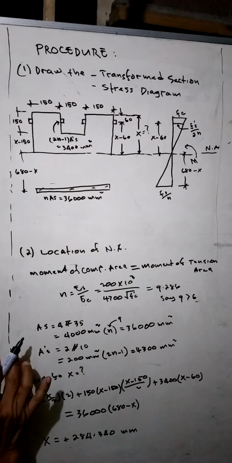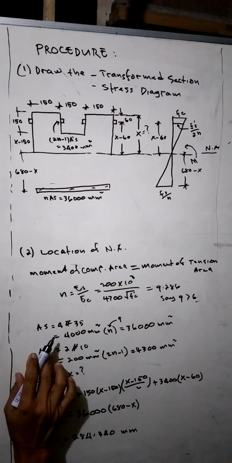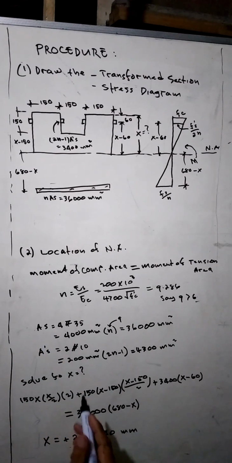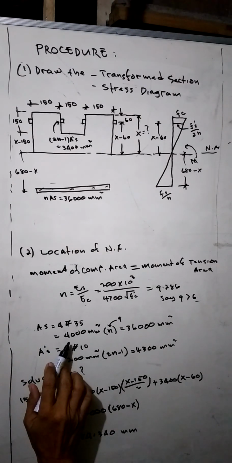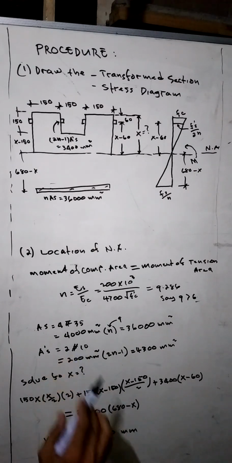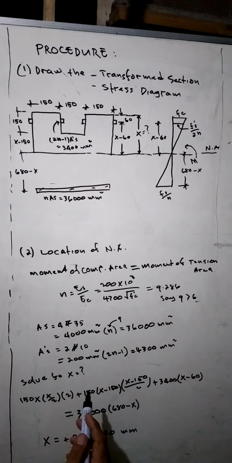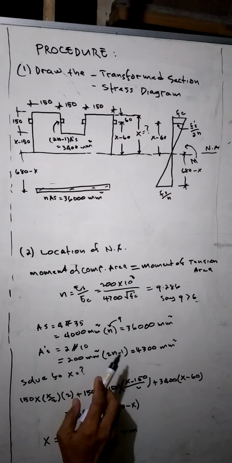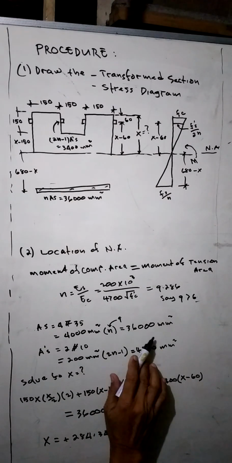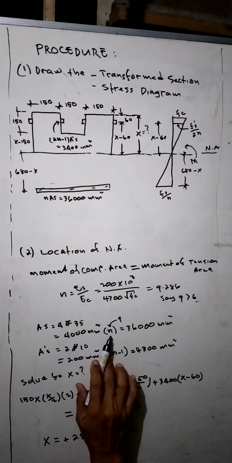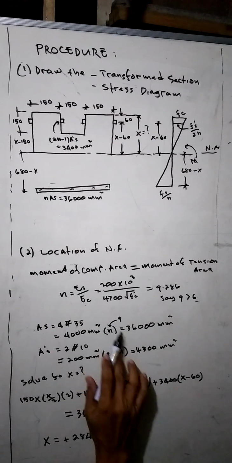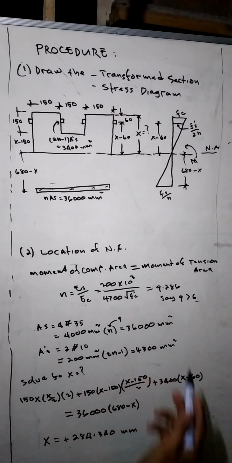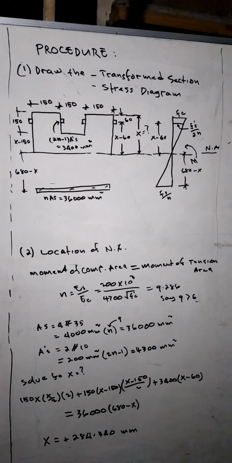Since the tension bar is 4, multiplied by 4, that is 4,000 square millimeter. To transform the area, multiply by n, which is 9, resulting to 36,000 square millimeter.